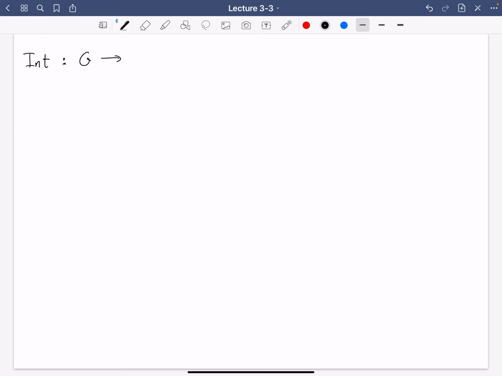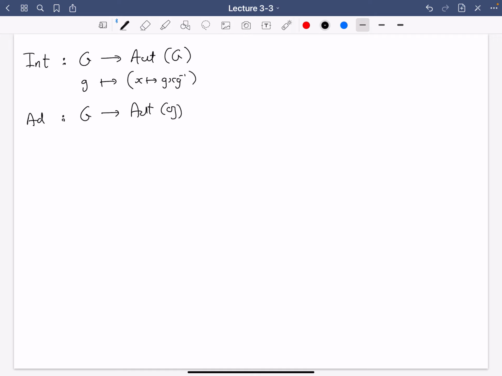So at the end last time, I was talking about this group homomorphism Int, which sends a group element g to the automorphism of the group G given by conjugation. And I talked about the group homomorphism Ad, which goes from G to automorphisms of its Lie algebra.